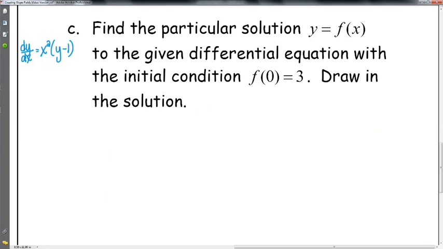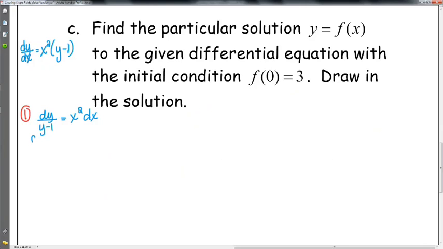Again, our first step is separating our variables. I'm going to divide by the quantity y minus 1, and multiply by dx. That gives me dy over (y minus 1) is equal to x squared times dx.